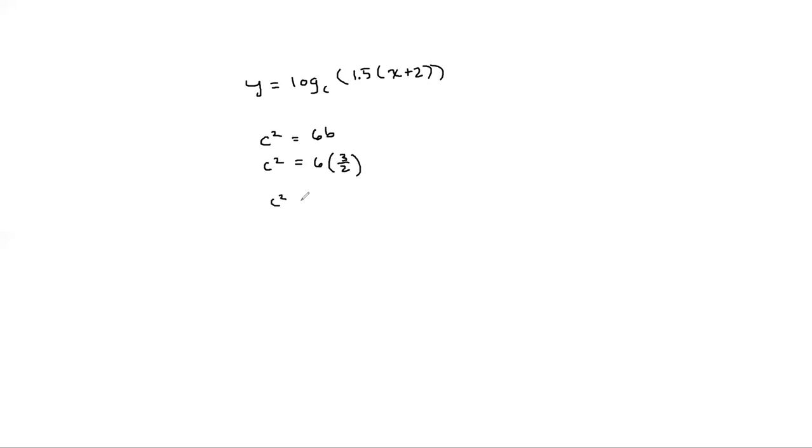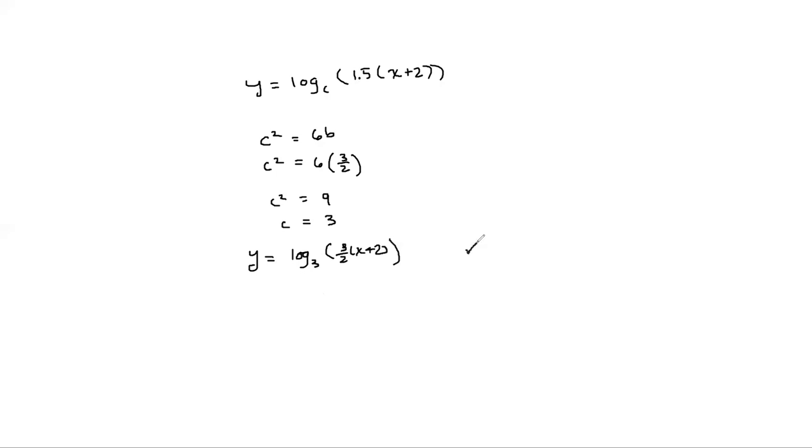So I'm left with c squared is equal to 9, which would mean that c is equal to 3. And so here I have the value of c, and I could rewrite the function as log base 3 of 3 halves x plus 2.